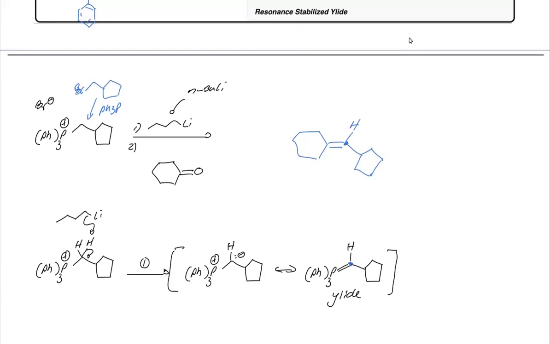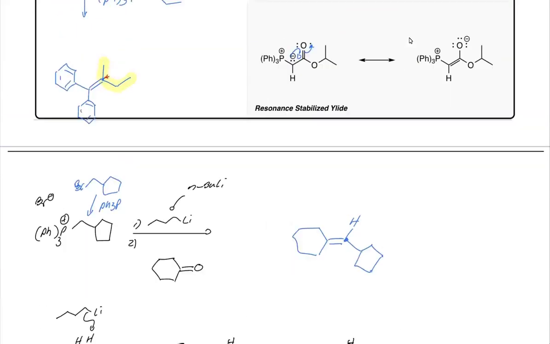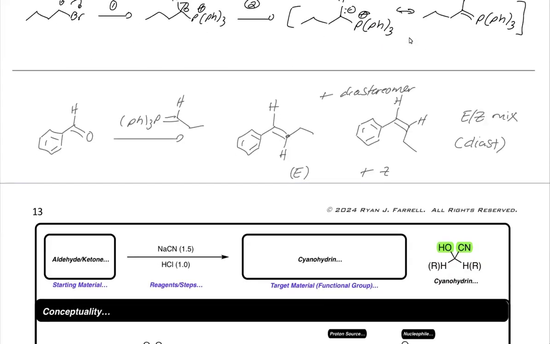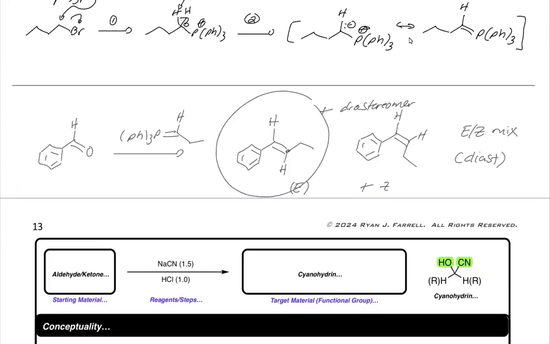And in the last example as well, this was neither E or Z also. Okay, but if you're forming an outcome that could have E versus Z stereochemistry, you can either draw both, or you could draw, say, the E version and then write plus diastereomer, or you can draw the E version and write E/Z mix in parentheses, diastereomer. And I think that would accurately convey the scope of the outcome of the reaction.